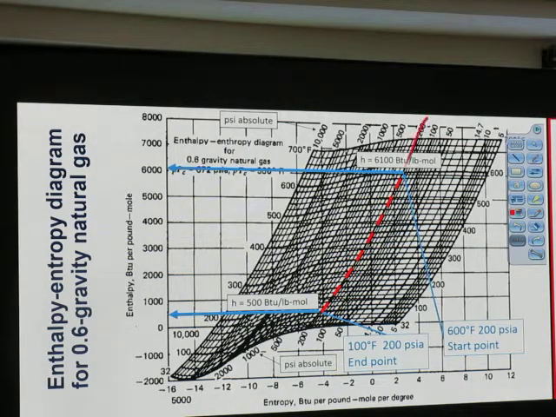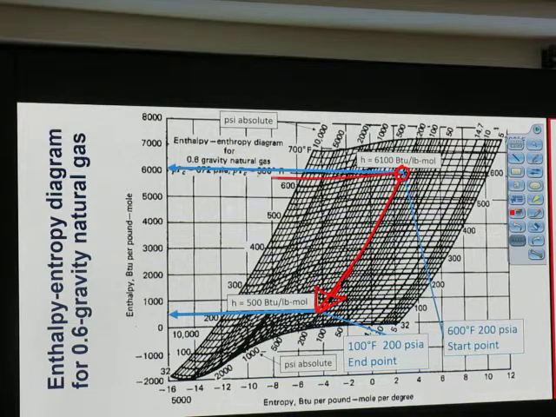So this is the line of 200 psi, right? We use a Mollier diagram. We start at 600, so we start at that point. We try to cool it down to 100. 100 is that, this is the 100 line. We try to cool it down from that to that point at constant pressure. This happens in the interstage cooler.